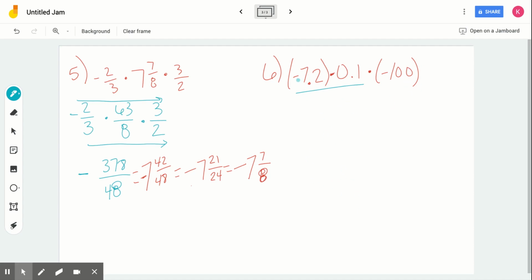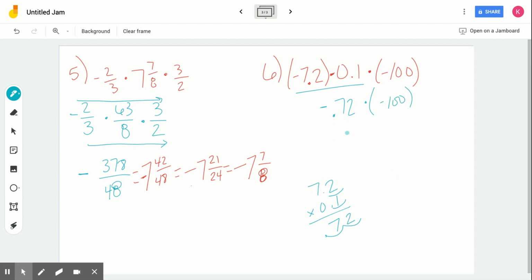Here we have a negative times a positive, which is going to be a negative. 7.2 times 0.1. 2 and 1 is 2. 7 and 1 is 7. Decimal points go out and come back in. So now we have negative 0.72 times negative 100.